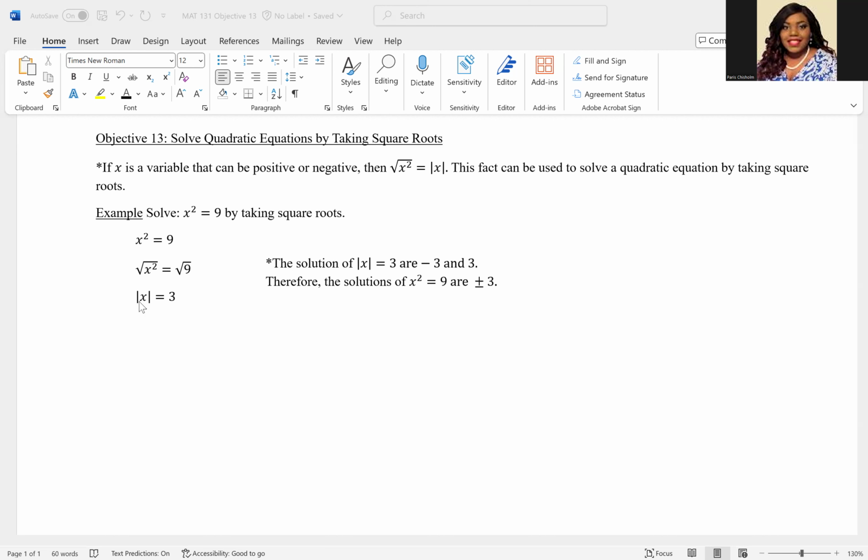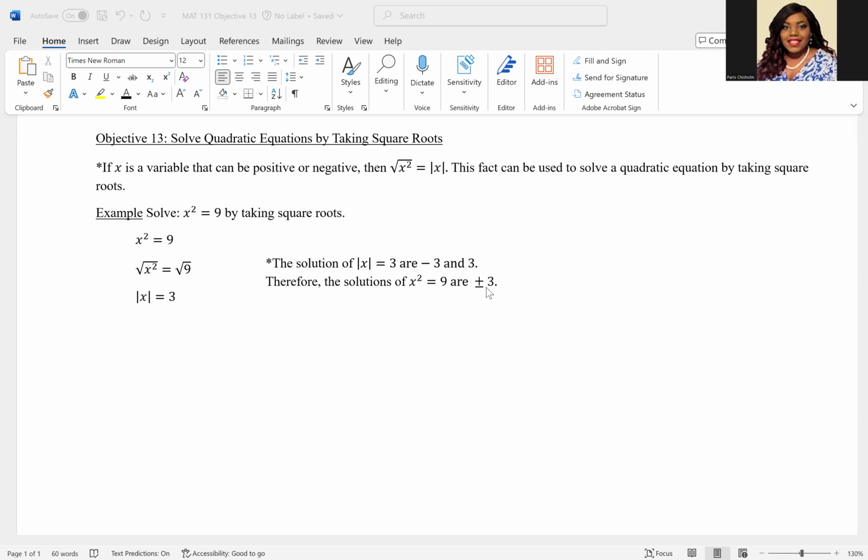But now that we are introducing this fact, we need to know that when we take the square root of 9, because of how this absolute value works, the absolute value of x equals 3. What it means is that x is -3 and 3, okay? So therefore, the solutions of x squared equals 9 are plus and minus 3, okay?